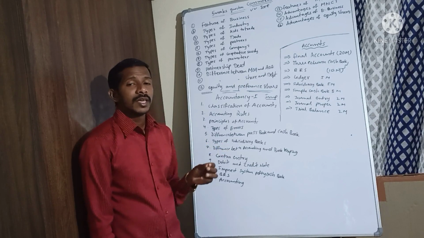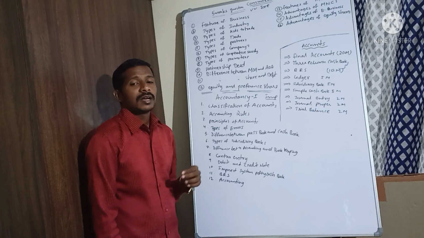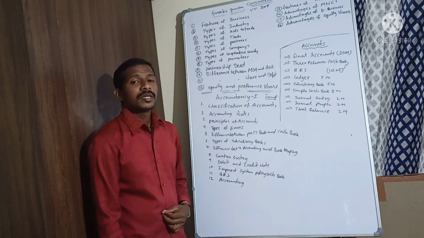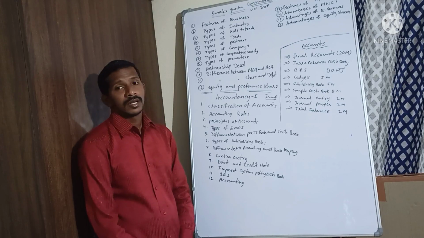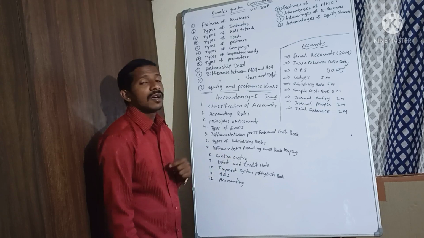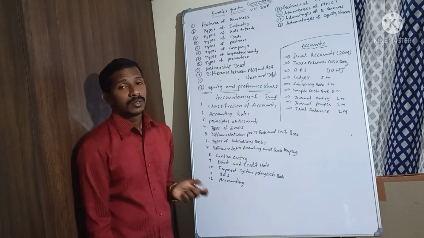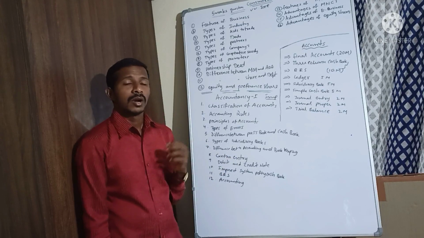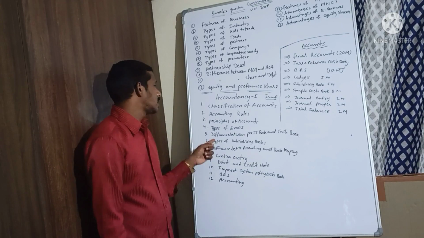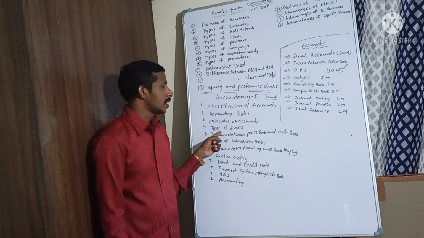Sometimes we can rectify through the trial balance also. By doing the accounts, sometimes we may make mistakes also: mistakes in the rules, mistakes in the amounts, wrong posting, wrong amounts. Like that will happen. So these are the errors.